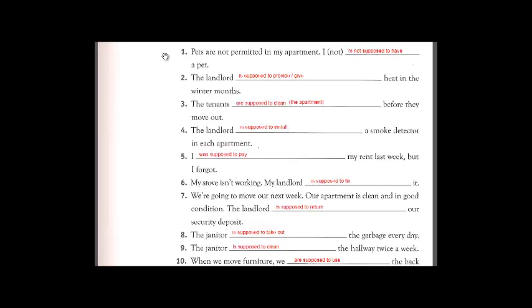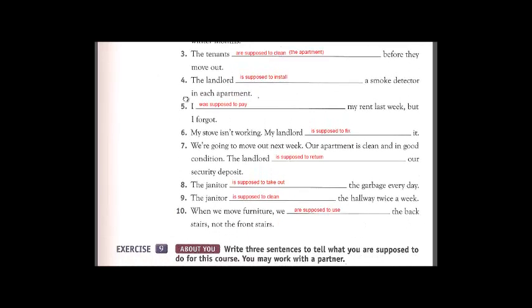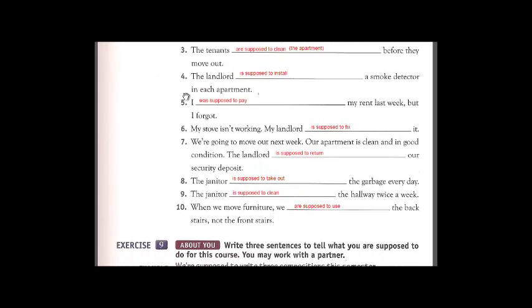The landlord is supposed to return our security deposit. Number 8. The janitor is supposed to take out the garbage every day. Number 9. The janitor is supposed to clean the hallway twice a week. Number 10. When we move furniture, we're supposed to use the back stairs, not the front stairs.